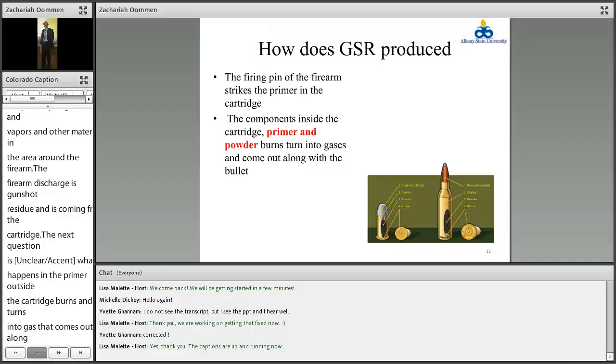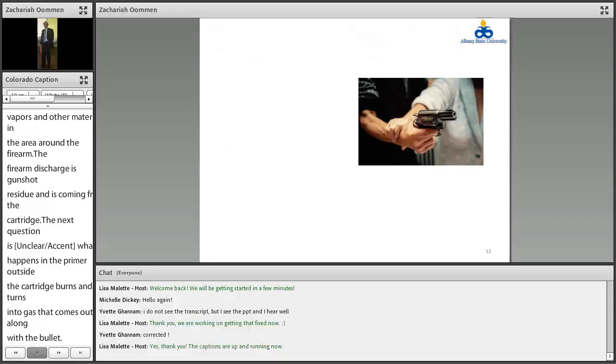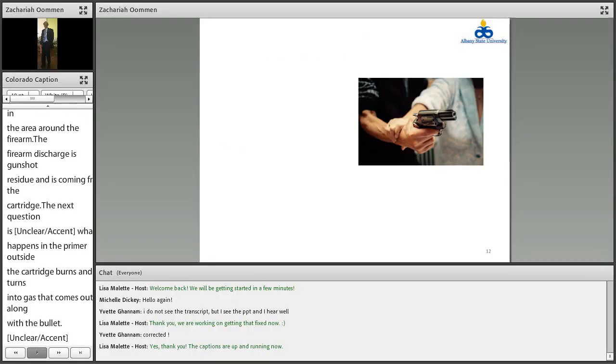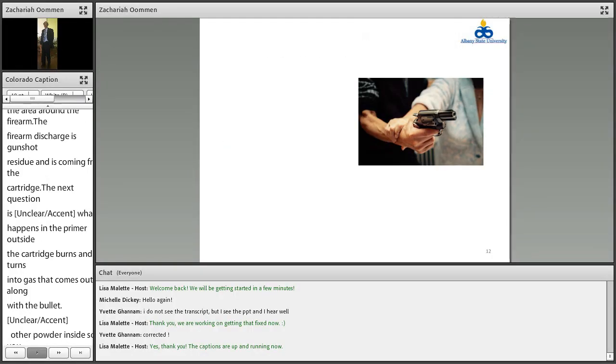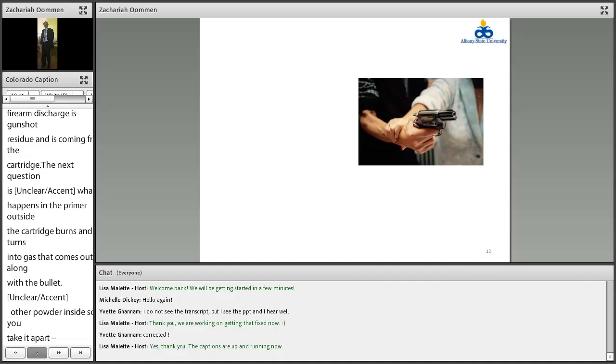Then you have the primer and other powder inside. If you take it apart, you can see the bullet and also the powder. Actually, the powder and the primer burn and you get the gunshot residue.